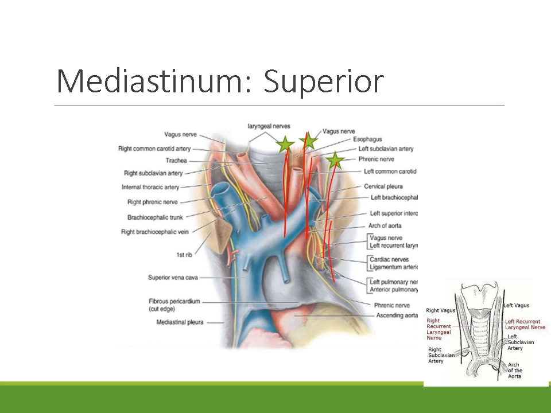Remember, the phrenic nerve comes down and curves around the side of the pericardium. It wraps right around the side of the pericardium, the side of the heart, and then it goes down to the diaphragm. And remember that each phrenic nerve innervates each respective half of the diaphragm.